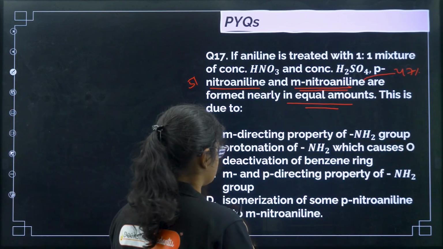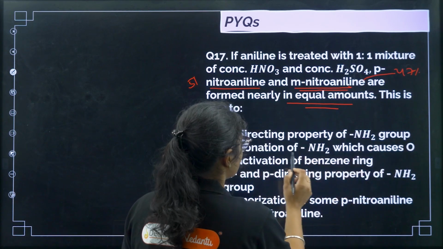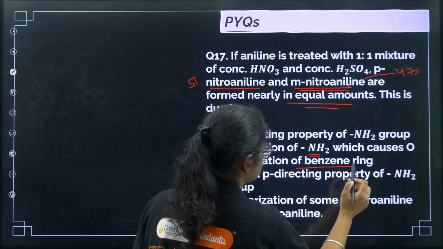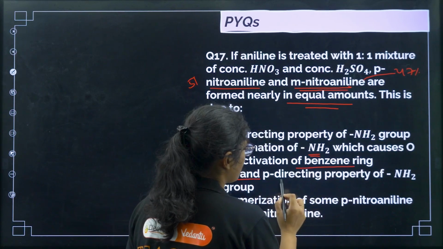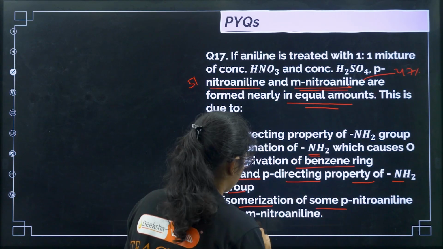So what is the reason for that? Meta directing property of NH2 group, protonation of NH2 which causes deactivation of benzene ring, meta and para directing property of NH2 group, isomerization of some para nitro to meta.